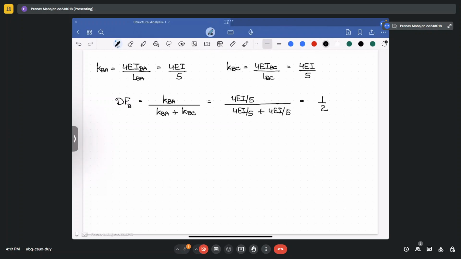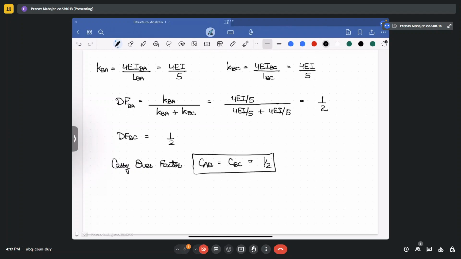Similarly, this is for BA. For BC it will also be the same, 1 by 2. The carryover factor in this case, CAB is equal to CBC, equal to 1 by 2. So this is how you calculate the distribution factors.